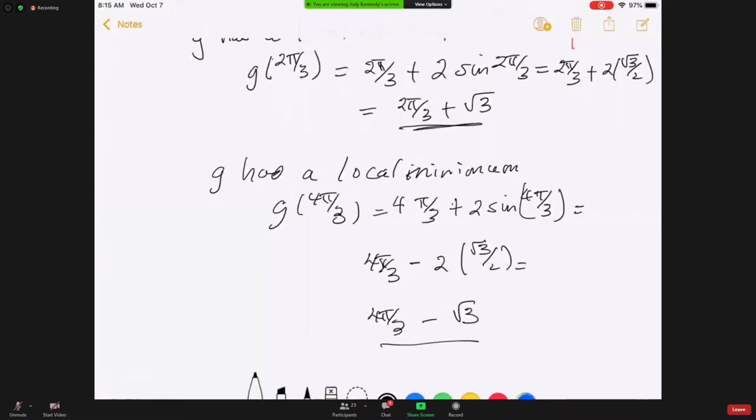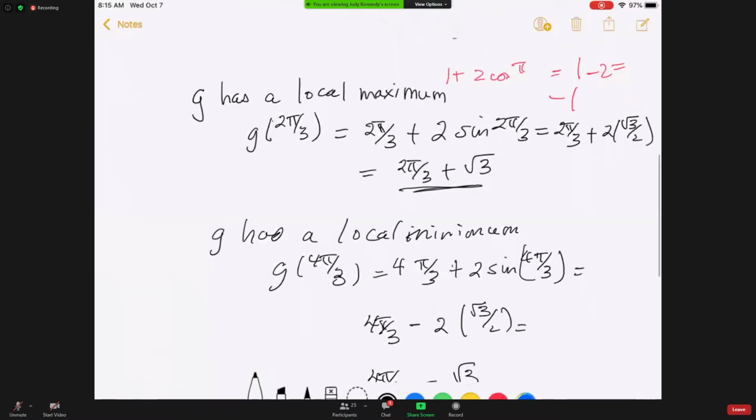And let's see. 4 pi over 3 is bigger than 4, minus the square root of 3, about 1.7. So I think probably between 2 and 3, that number. Okay, but it's positive. Both of them are positive.